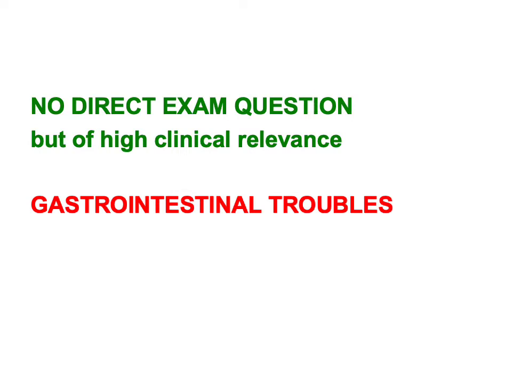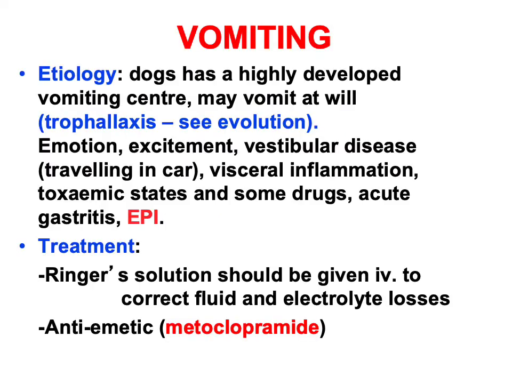So first the gastrointestinal troubles, starting with the mouth, is the vomiting, which is something problematic with the dog and cat, especially with the dogs, because in the etiology you can know from your own experiences that the dogs have a highly developed vomiting center.